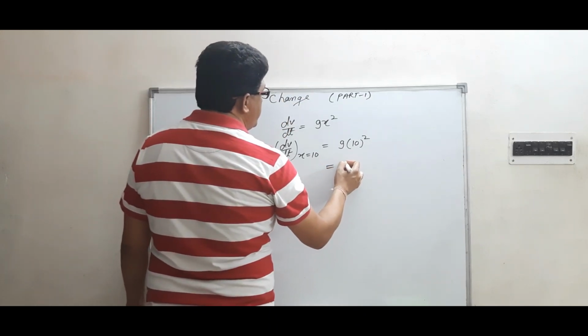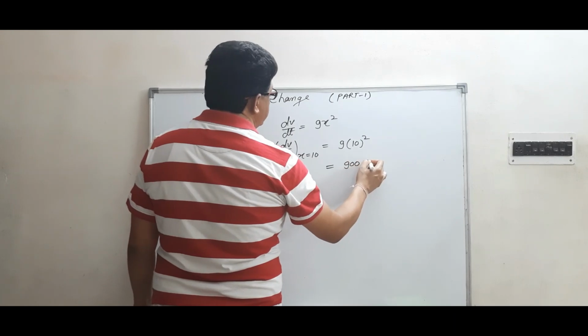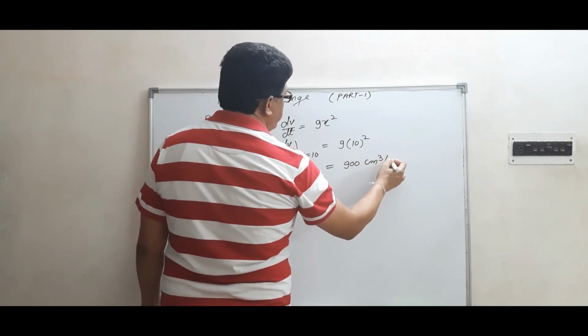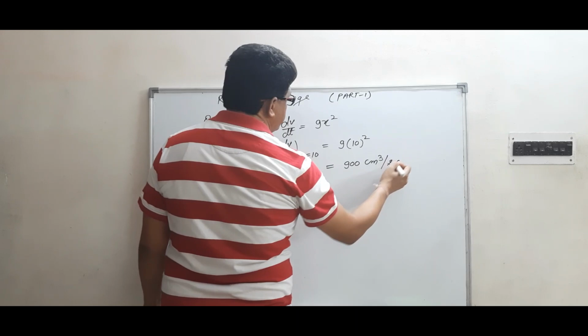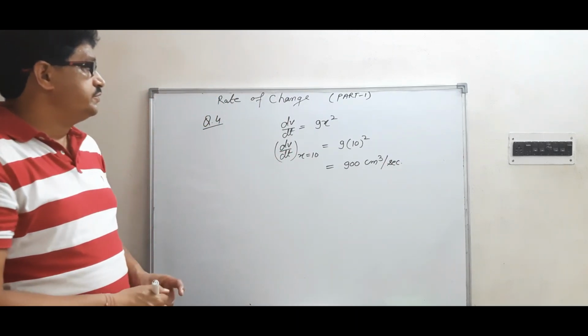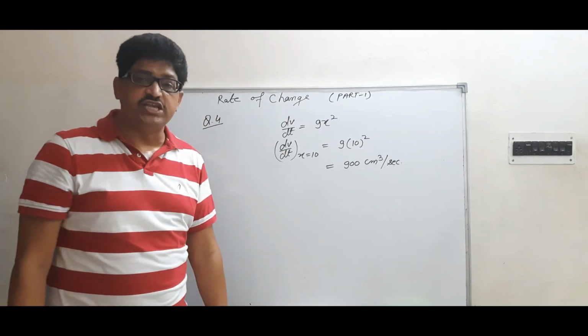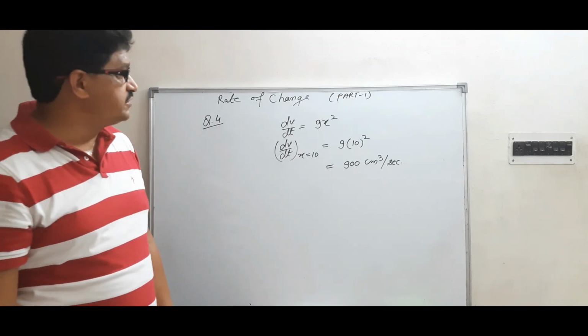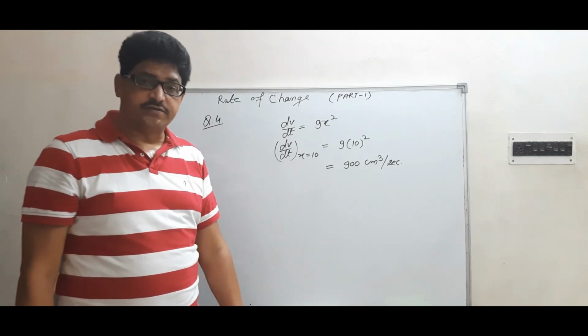So dV upon dt is 900 centimeter cube per second. In this way you can find the change in volume when the side of the cube is 10 centimeter.